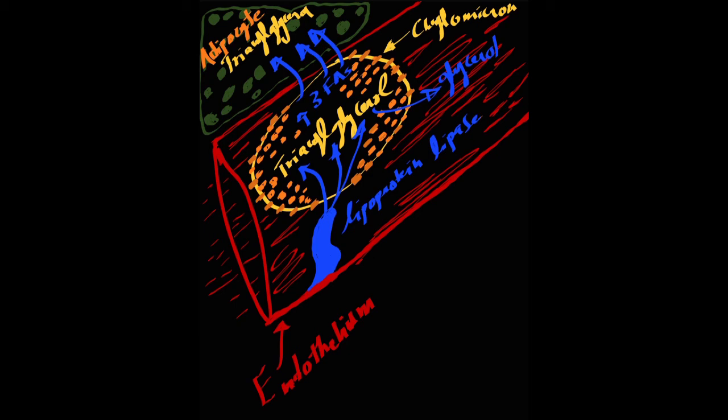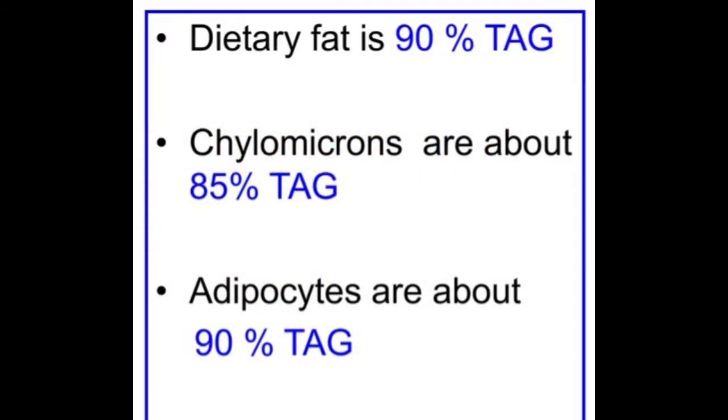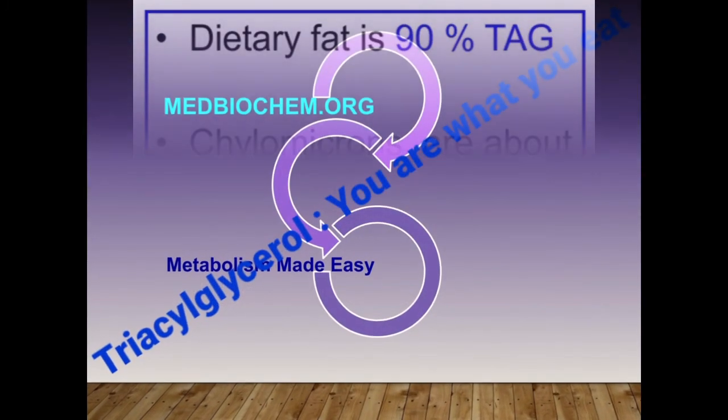As such, the composition of TAGs stored in adipocytes are going to resemble or reflect those TAGs present in chylomicrons, and the TAGs in chylomicrons in turn reflect the composition of our dietary fat intake.